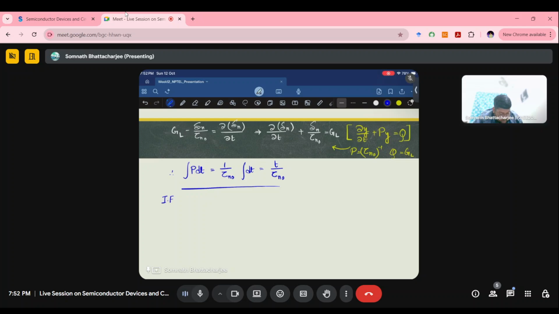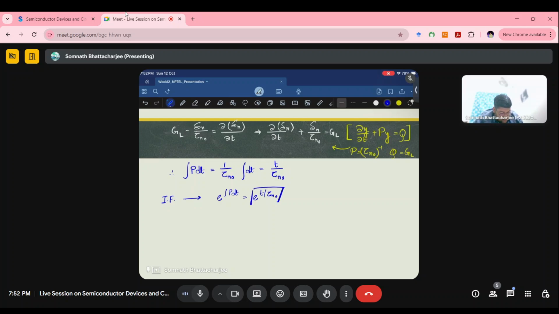Now we need to find the integrating factor. So we know our integrating factor is e to the power of t by tau n naught.